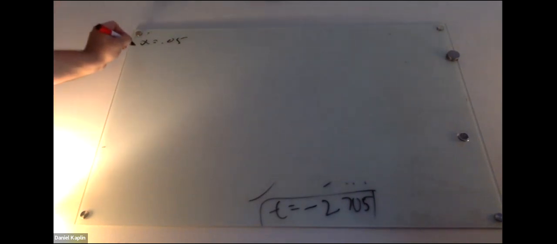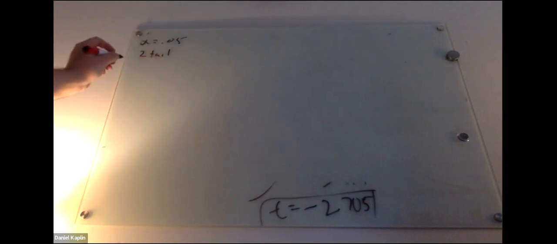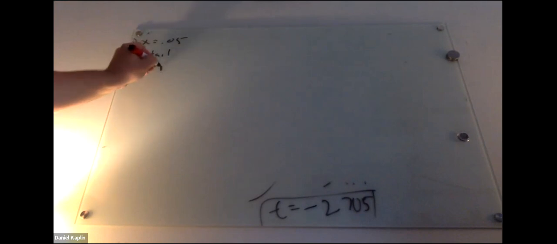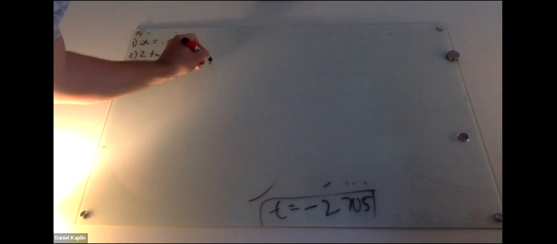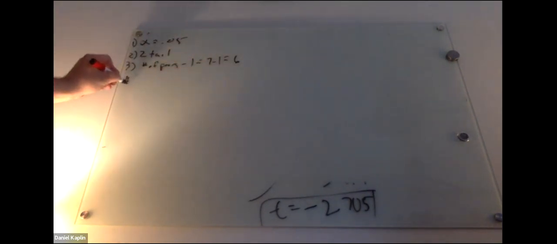The number of tails is 2 tails. The degrees of freedom. Degrees of freedom is number of pairs minus 1, or 7 minus 1, or 6. And then we get our critical value.